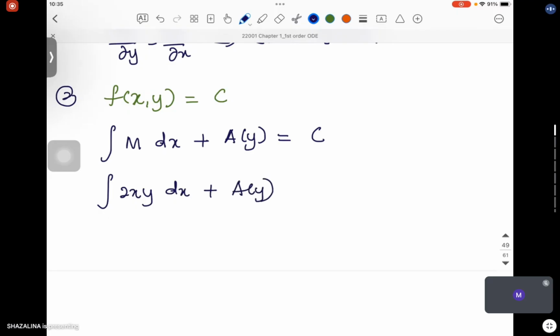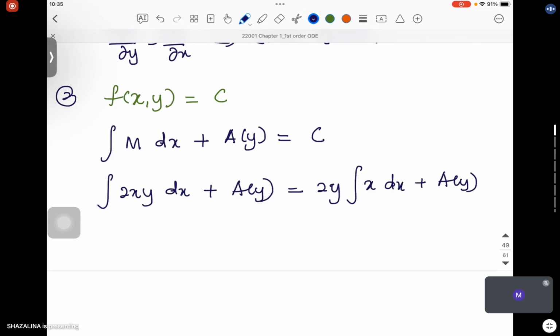Ini sekarang kita nak tengok on the left hand side. C is a constant, so biarkan dia dulu. Integrate 2xy dx plus a function of y, which is equal to integrate with respect to x. So in the function, 2 and y are constants, so keluarkan 2y. Then integrate only x dx plus a function of y.